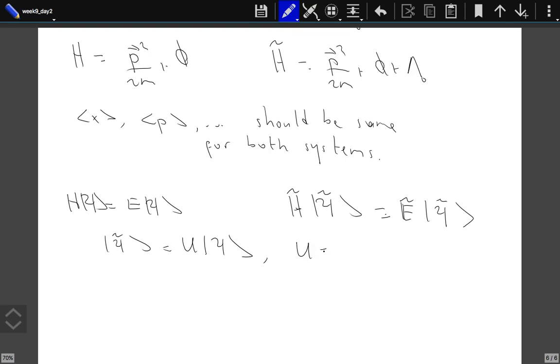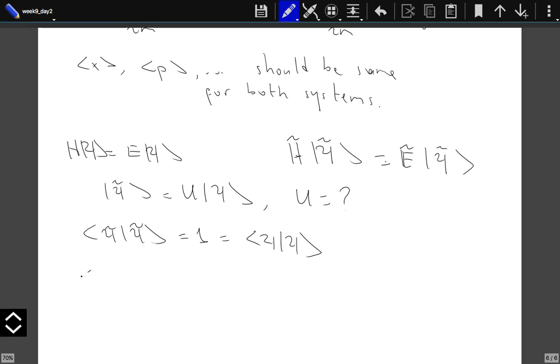And then the question is, what is U? Now, it should be unitary because the norm of psi tilde should be 1, just like psi. The probability, the norm should be conserved. So this tells me basically that U should be unitary.